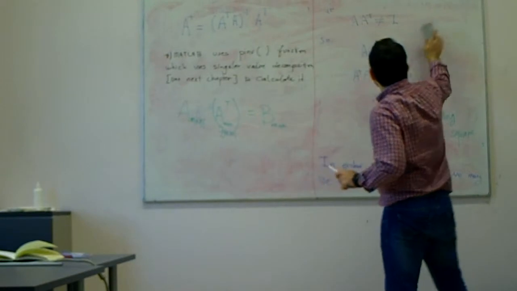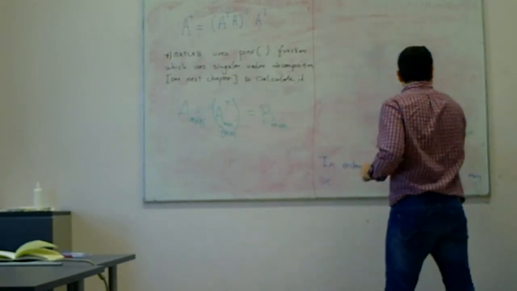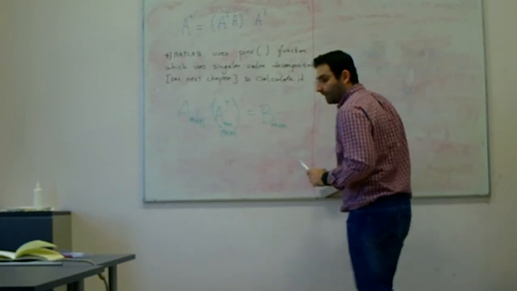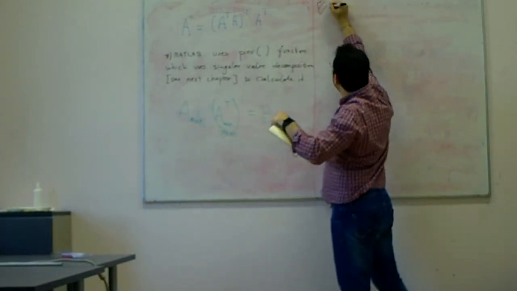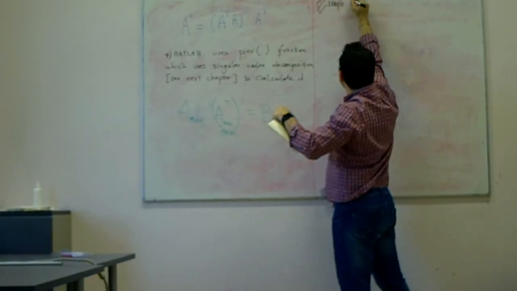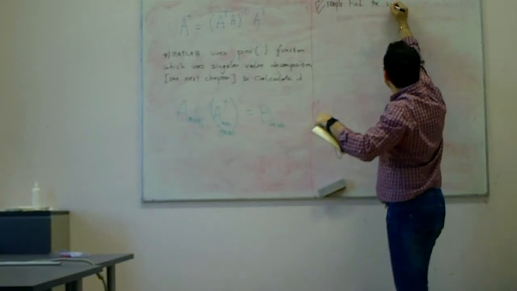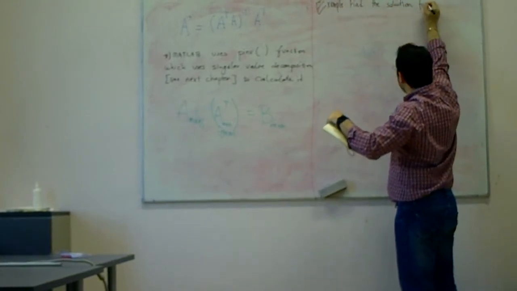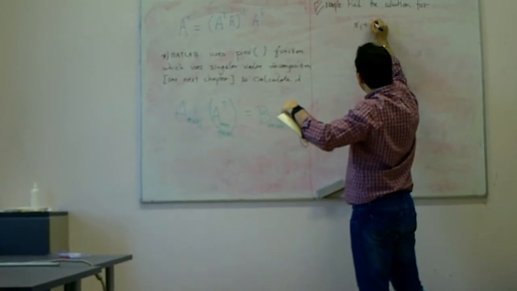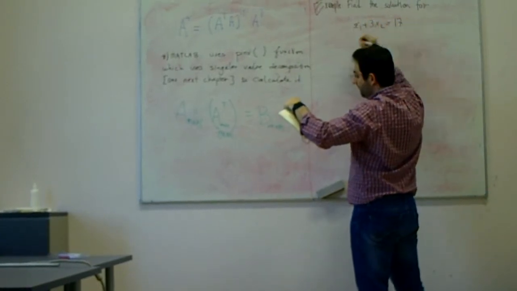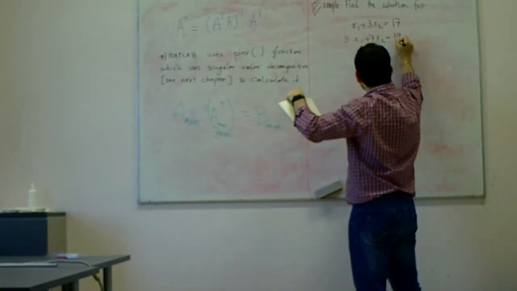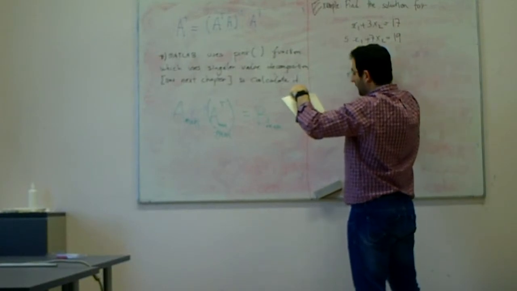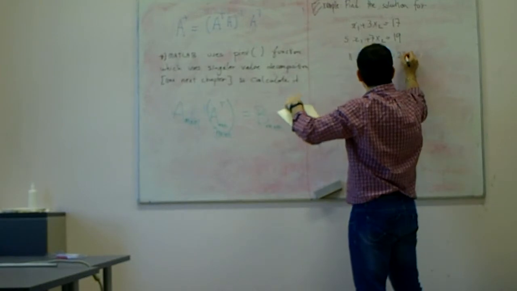So the numerical example is this. Find the solution for x1 plus 3x2 is equal to 17, 5x1 plus 7x2 is equal to 19, 11x1 plus 13x2 is equal to 23.